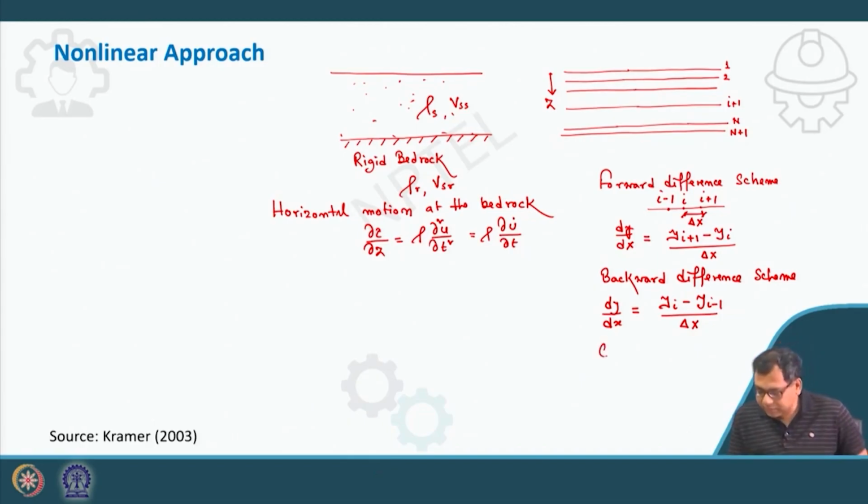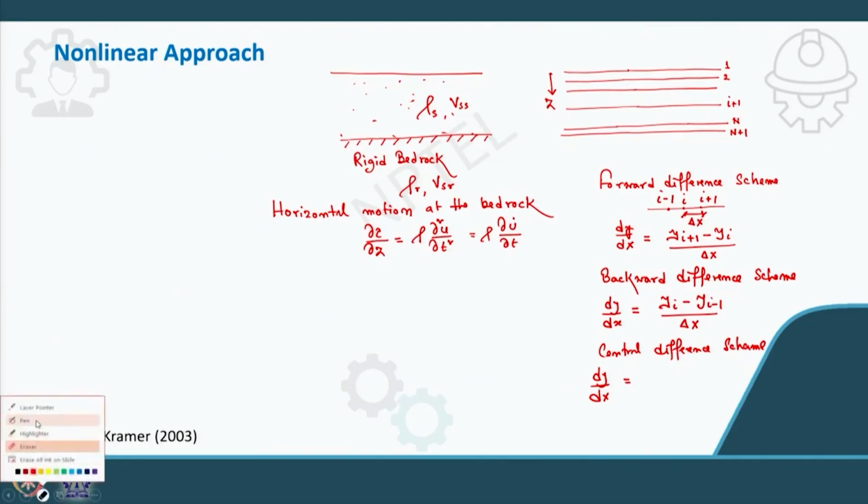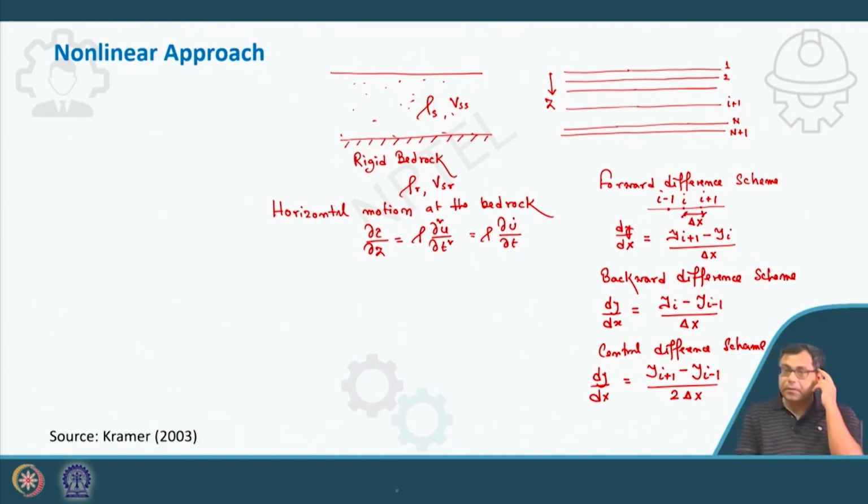Similarly, the central difference scheme, that is also dy/dx, is equal to y I plus 1 minus y I minus 1 divided by 2 del x. So, these are different schemes, and I will use the forward difference scheme.